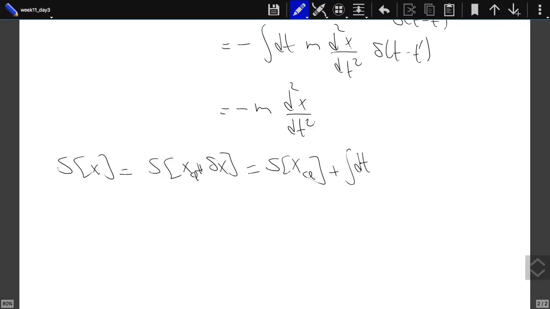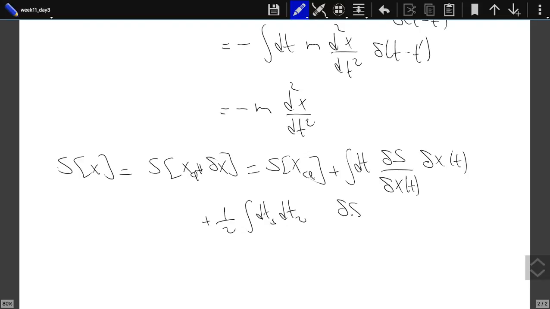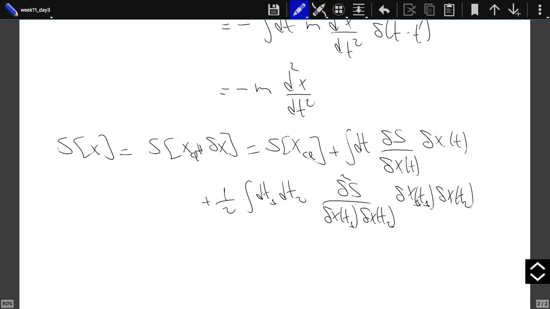Okay. dt, derivative of S with respect to x of t, delta x of t, plus the second term, dt1, dt2, del squared S by del x t1, del x t2, delta x at t1, delta x of t2, plus the other terms.